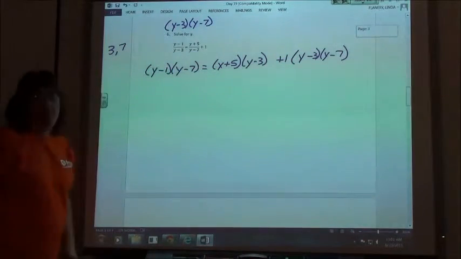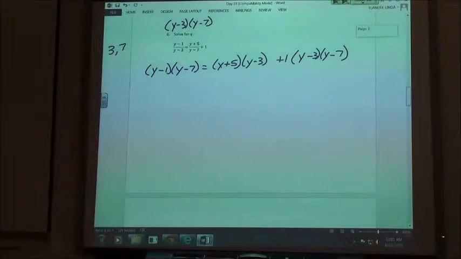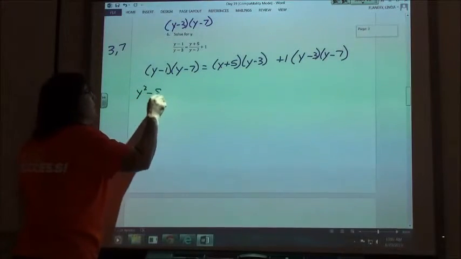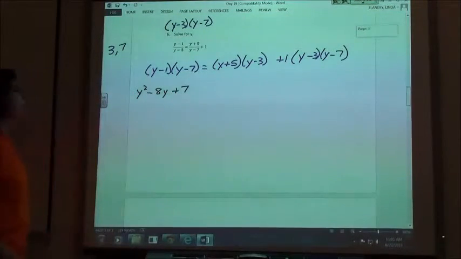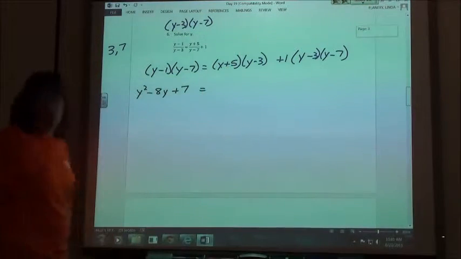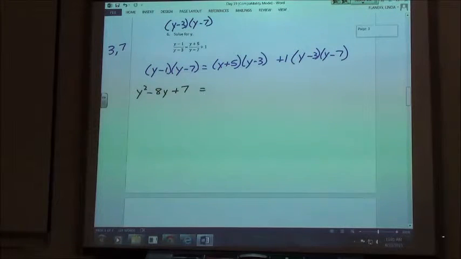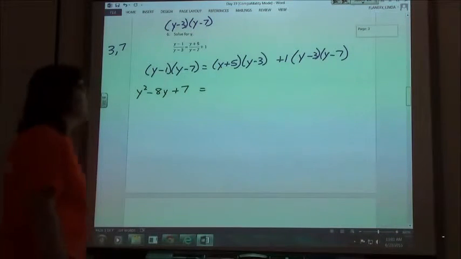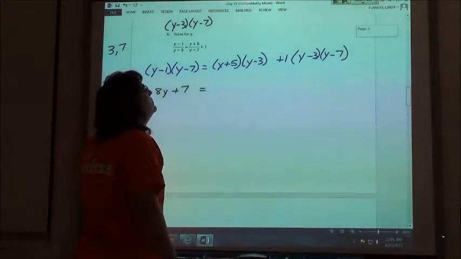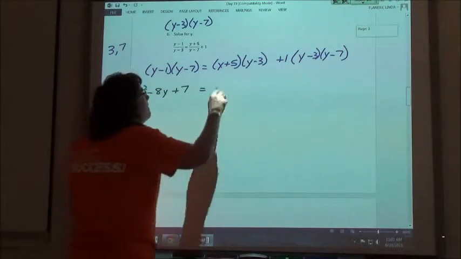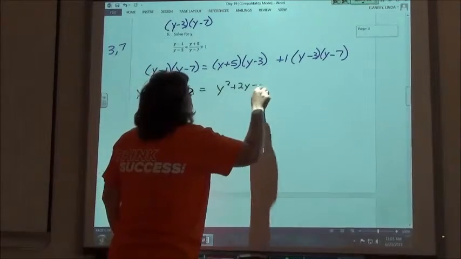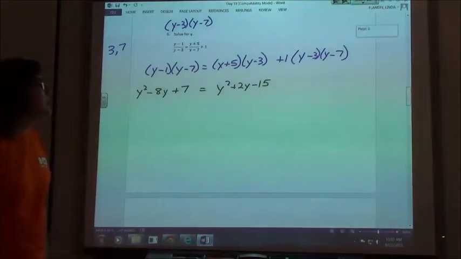So, first one there, if I multiply that out, I would get y squared minus 8y plus 7. The second one, if I FOIL that one out, y squared plus 2y minus 15.